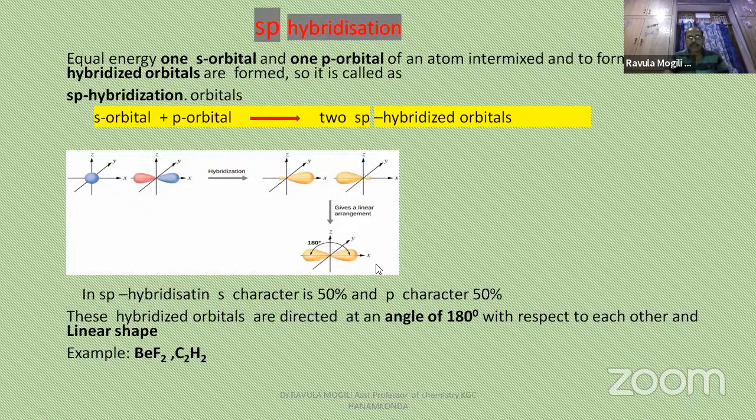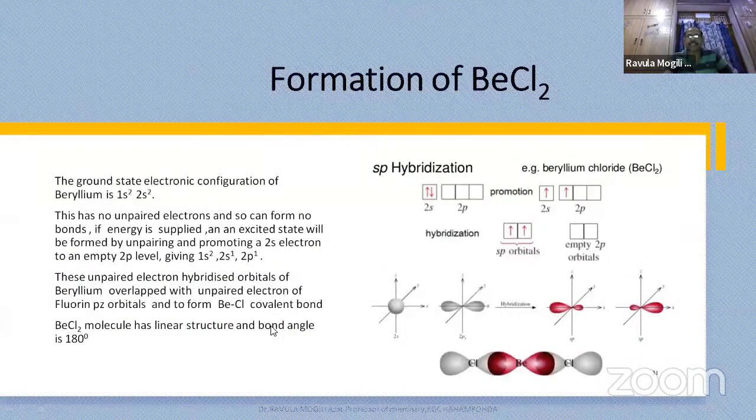These two orbitals are in a linear fashion, so the angle between two sp hybridized orbitals is 180 degrees. Therefore, it is a linear shape. The best examples are beryllium difluoride and acetylene. Here, beryllium chloride: the beryllium electronic configuration is 1s2, 2s2.